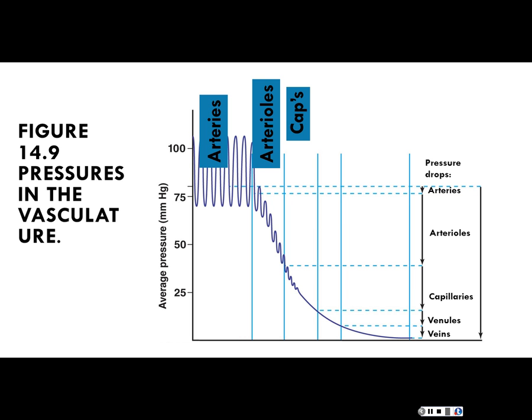Pulsatile. So we'll use the word laminar. You usually see that with airflow, but it's anything you can talk about in fluid dynamics. Okay, so nice and steady, like constant, not turbulent, not fluctuating.